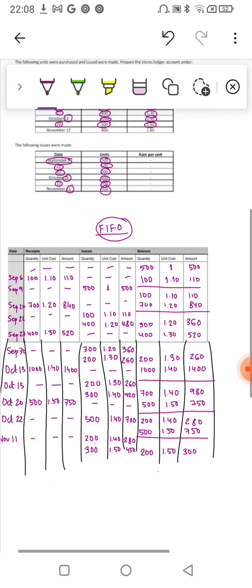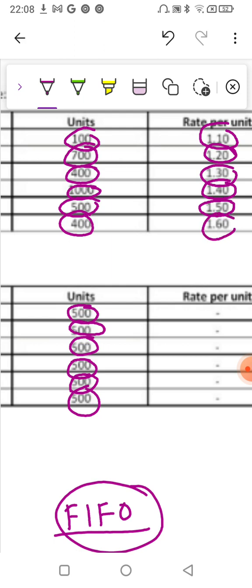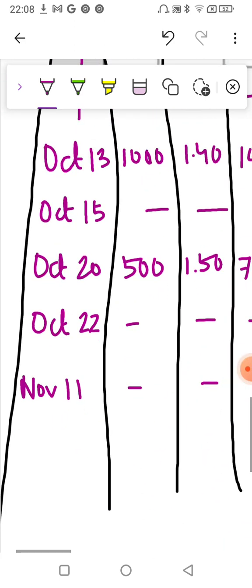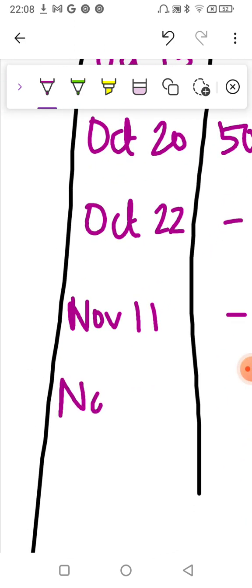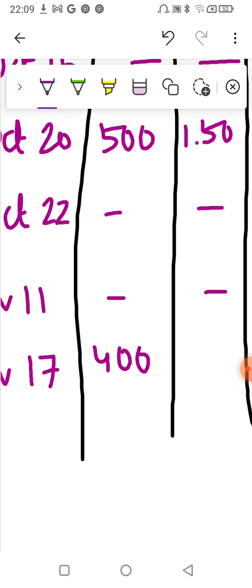After this, let's move to the last one, that is November 17. There was a further purchase of 400 units in the 1.60 per unit cost price category. So on November 17, there were 400 units purchased.